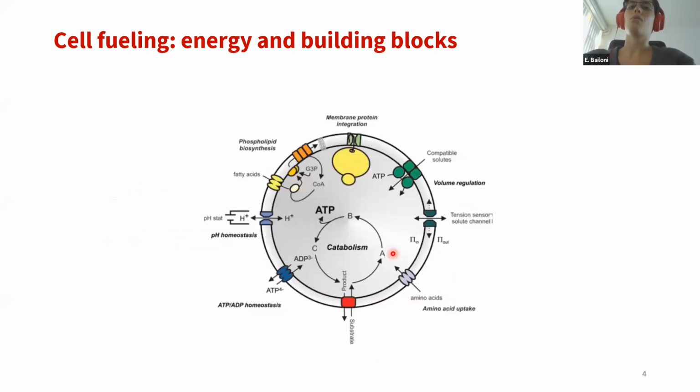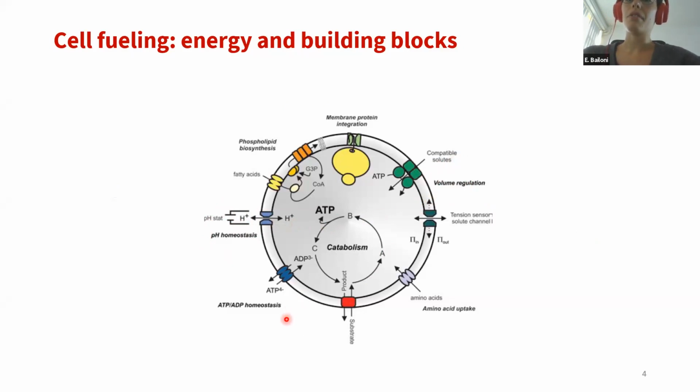And once we look a bit further into what modules we need for that, we definitely need to achieve physicochemical homeostasis for the synthetic cell. That implies that we have a very good control over pH as well as over volume.